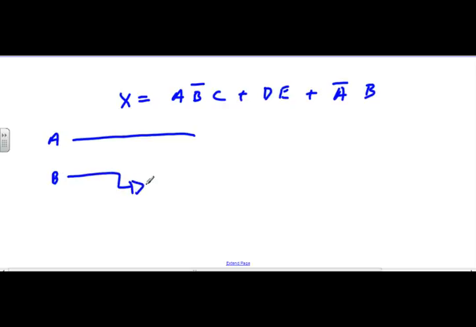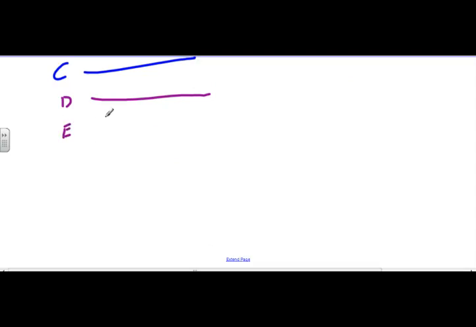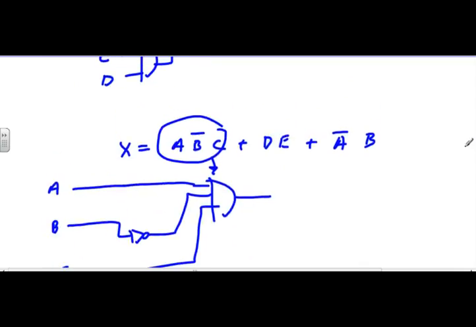It gets knotted. I send it up there. I got a c over here. I send it up there. I AND those guys together. That's this guy. Okay, then I got a d. Send them there. And I've got an e. Send them here. I'm going to AND them together. Yeah, that's that guy.